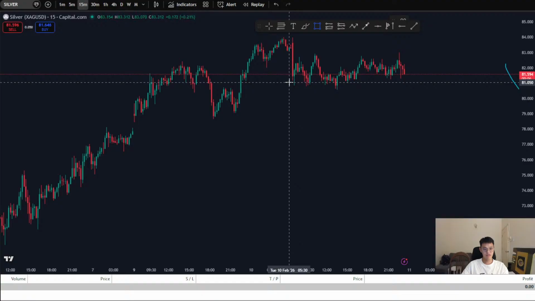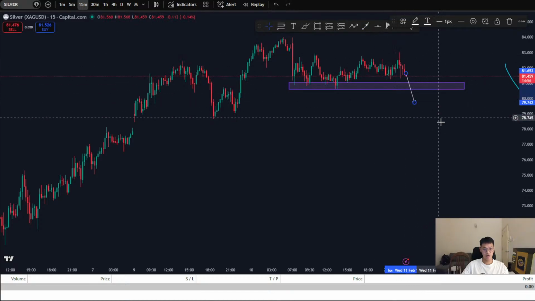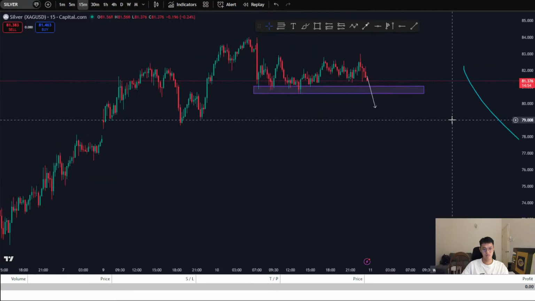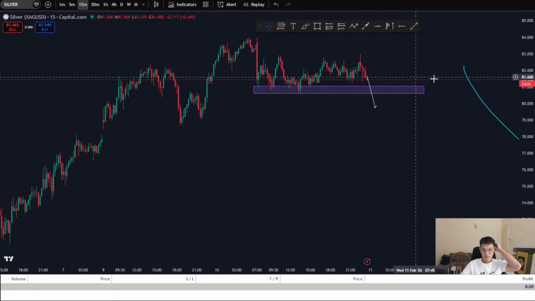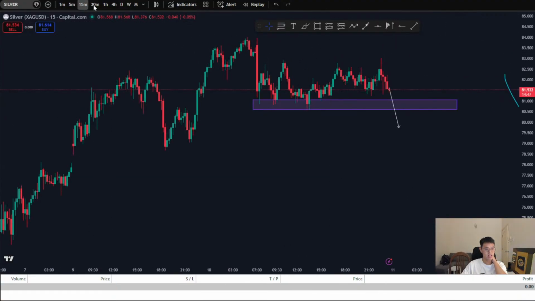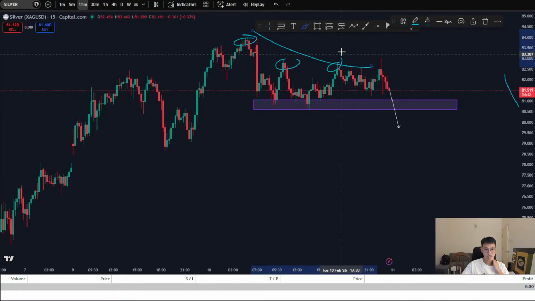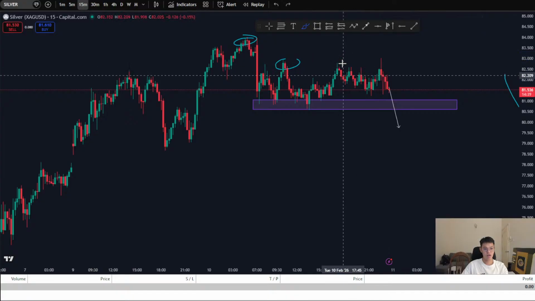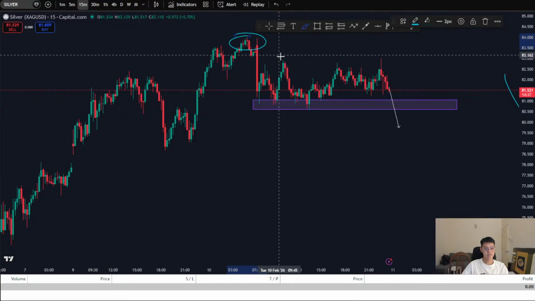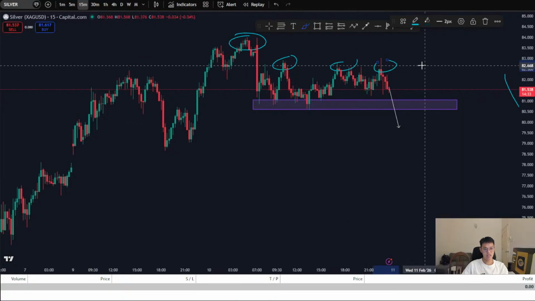In the 15-minute chart, I think the significant level is here. If the price really breaks this support level, I think it will go down. Because in the 15-minute chart you can see there's a lower high.